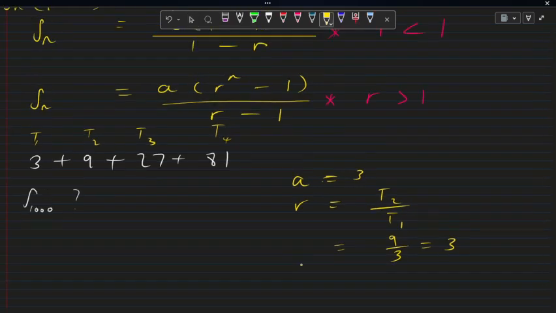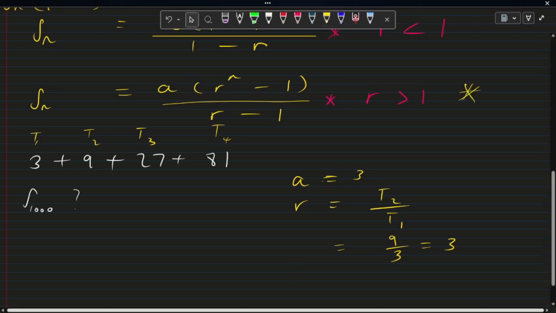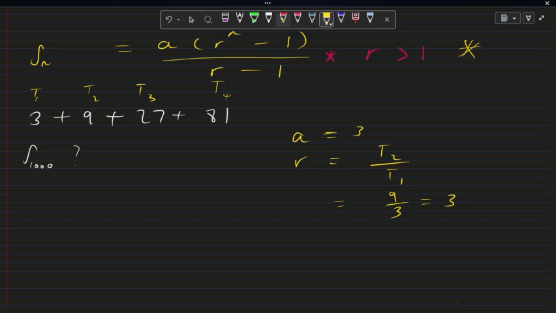Okay, so now that we have the value of a and the value of r, the other decision that we need to make is whether r is greater than 1 or r is less than 1, and r is clearly greater than 1 in this particular situation. So we have to use the second formula, this one.